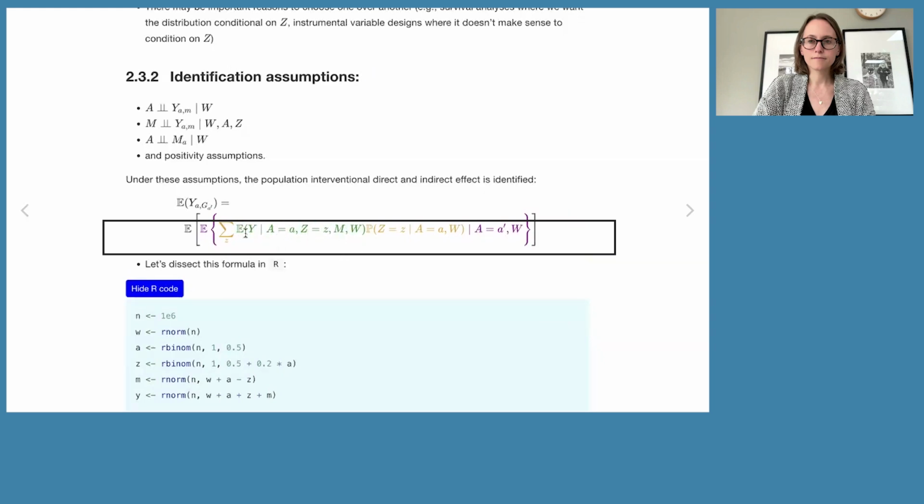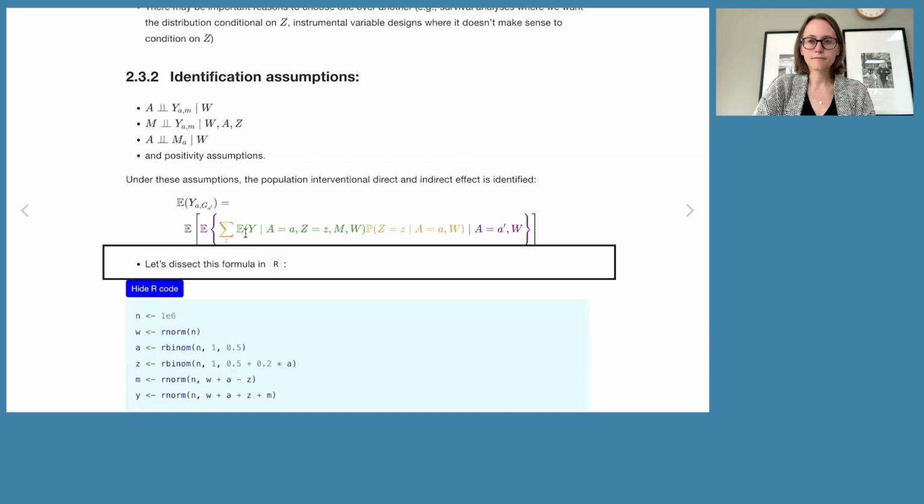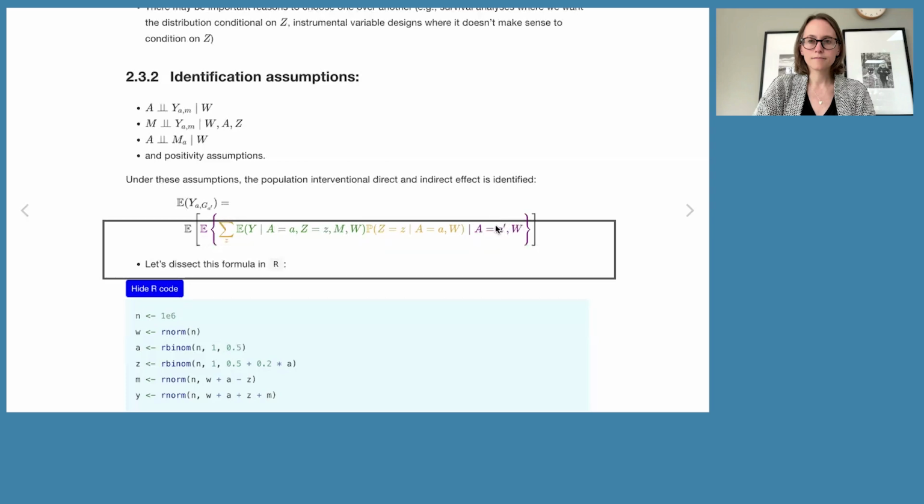This green component is just our outcome model regression. Then we're going to marginalize over our intermediate confounding variables, Z. And lastly, we'll marginalize over our mediator variables. That's this purple step, and then we'll take the mean at the end.